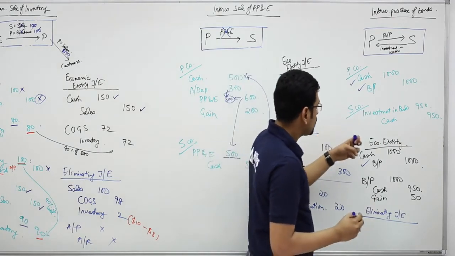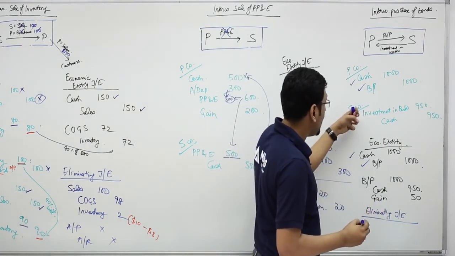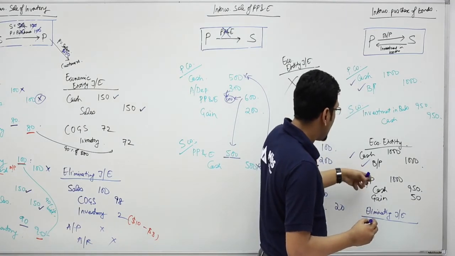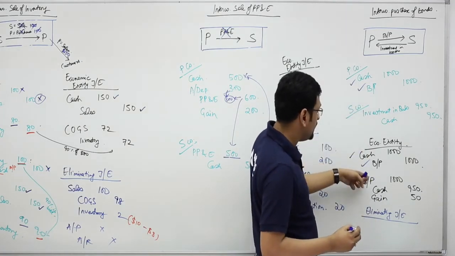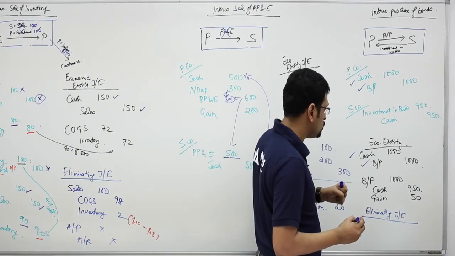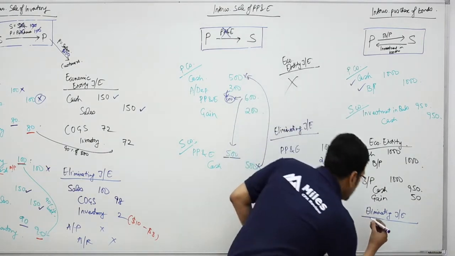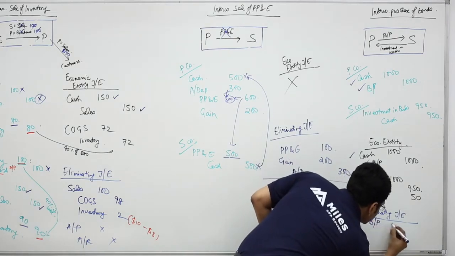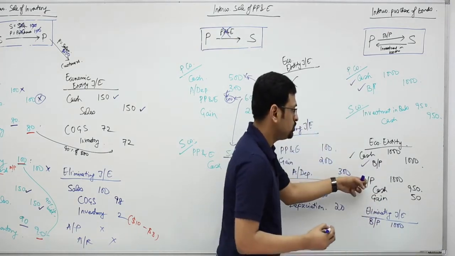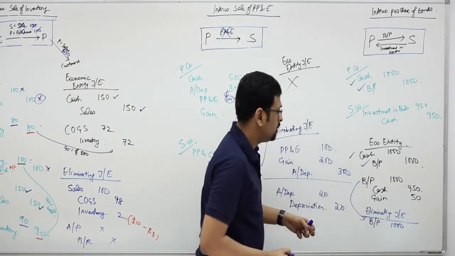Now, when they're actually going back and buying the bonds, they should have debited bonds payable as one entity, but they debited investment in bonds. So now on the eliminating journal entry, we will debit bonds payable $1,000. So this is taken care of here.